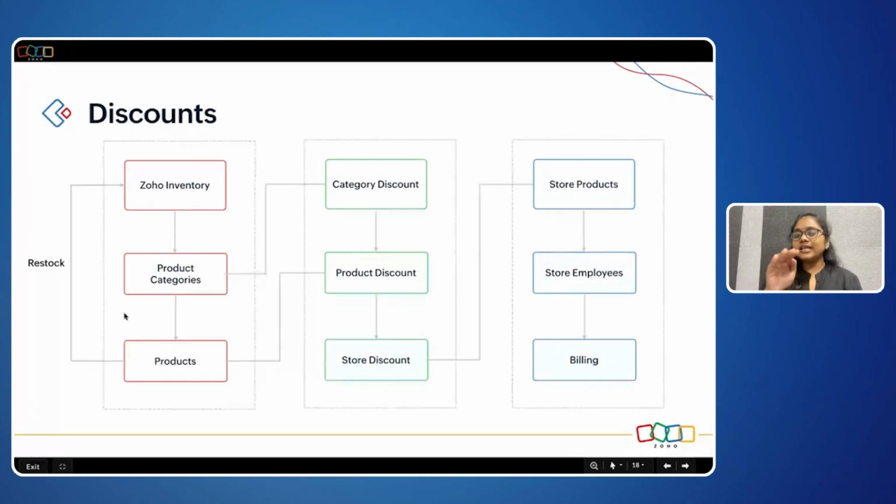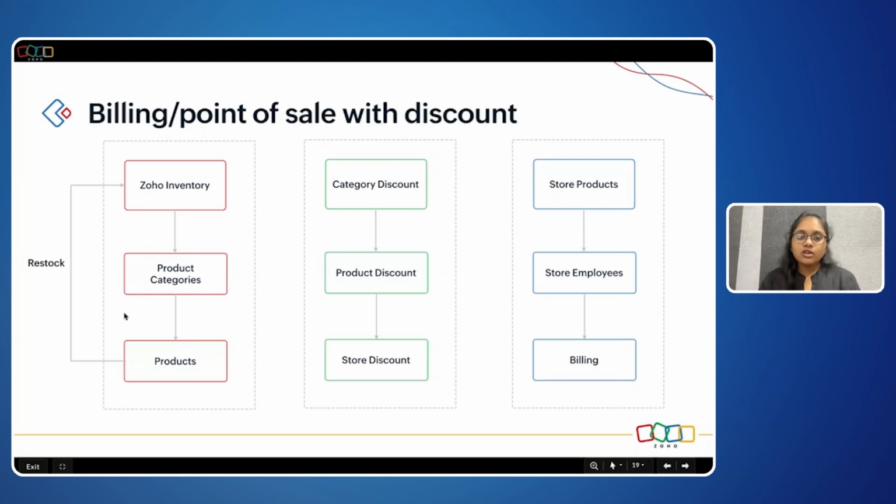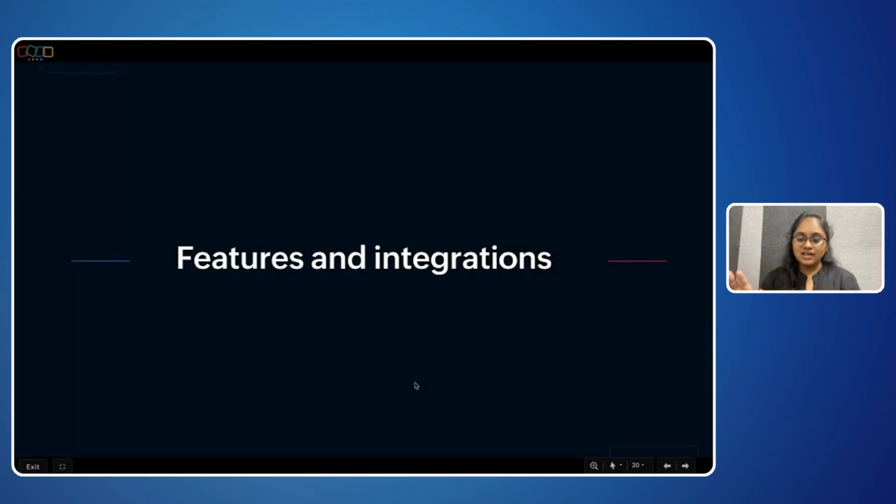So these are the three different types of discounts that we are going to provide in the application that we are going to see. After providing all the discounts, there comes the billing part. So we have to add all these discounts into the billing module. So this is going to be the application flow that is involved in the application that we are going to see in the live demo.